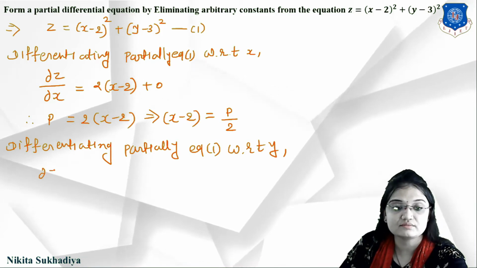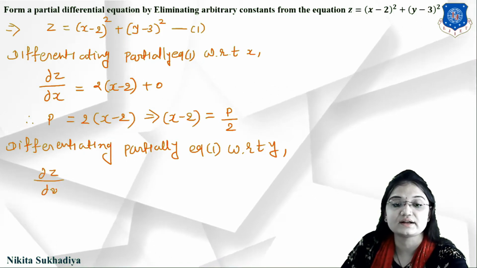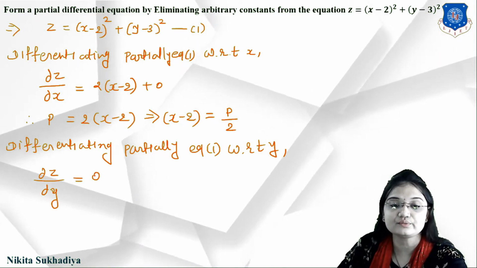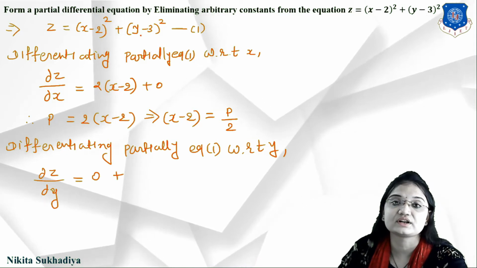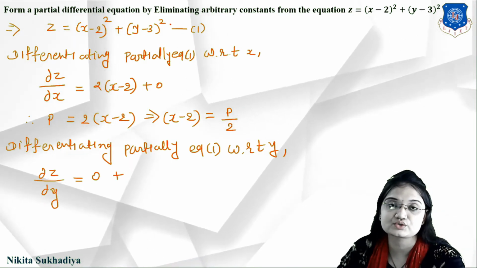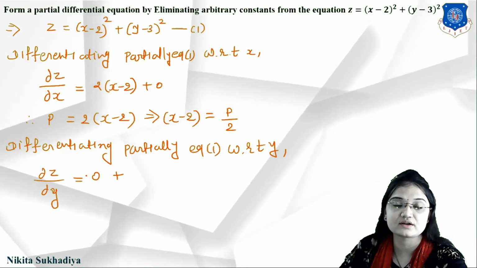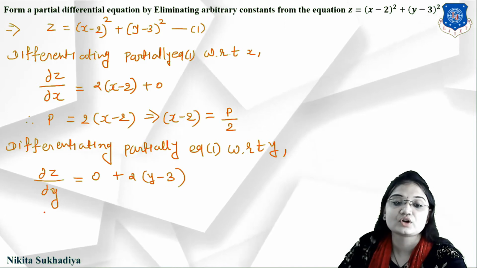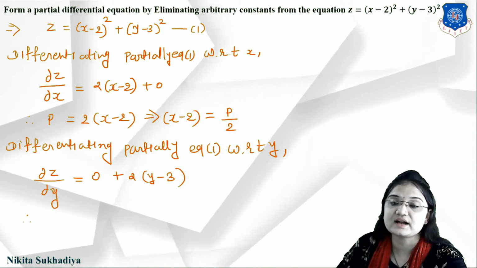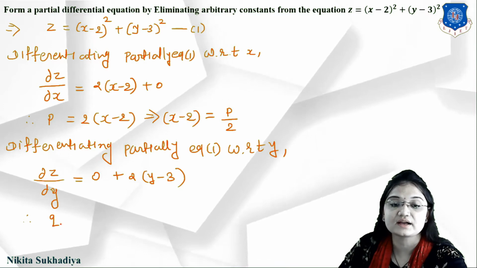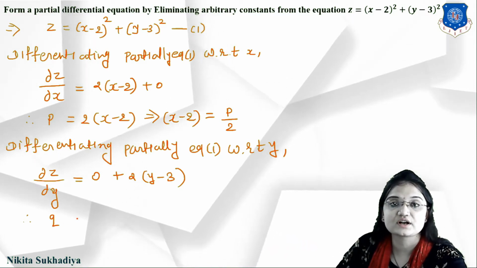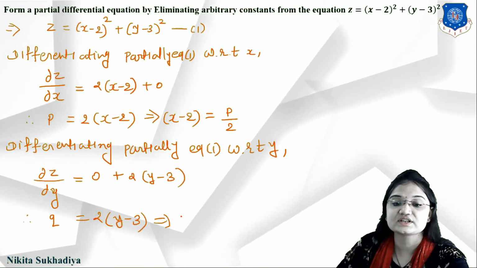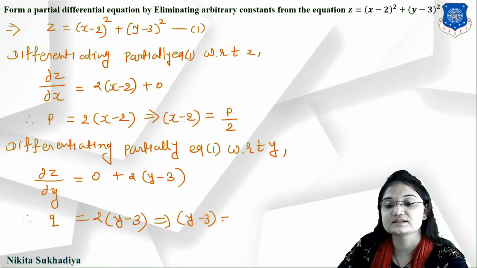So del z by del y is equal to, the x term with respect to y will become 0, and here also by the derivative rule x raised to n gives n x raised to n minus 1, so this is 2 into (y minus 3). And we know that del z by del y we can represent by small q. So small q is equal to 2 into (y minus 3). So we can say that y minus 3 is equal to q by 2.